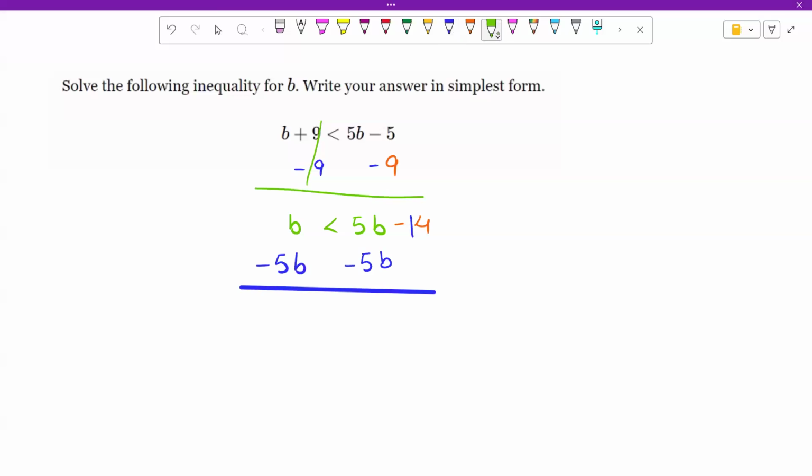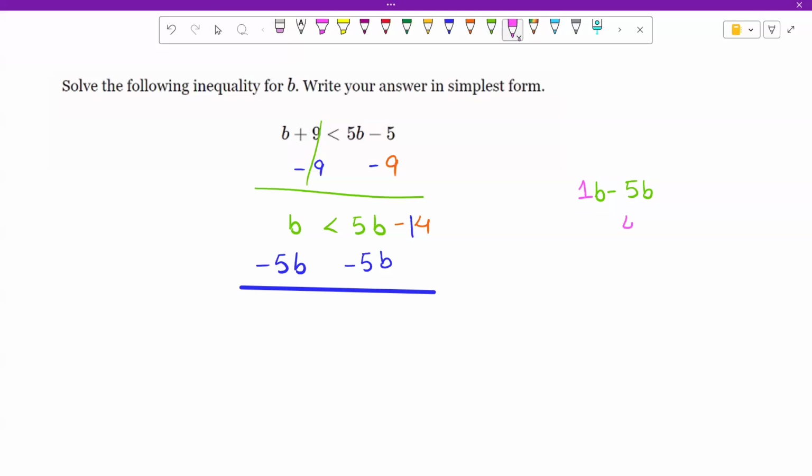How much is b minus the 5b's? b minus 5b. How many b's are here? 1. So there is a 1b and there are 5b. They are both getting subtracted. How many b's will be left? 4b.